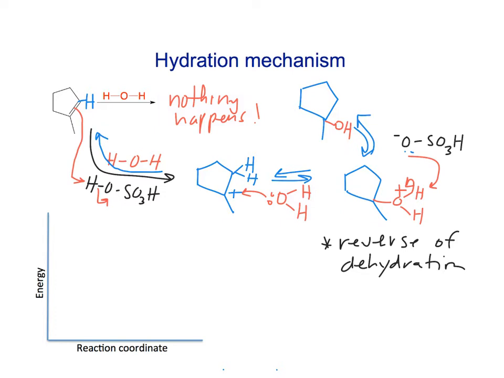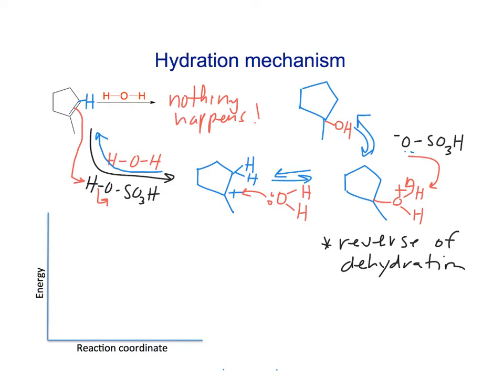In the dehydration, if we start here, the first thing we do is protonate it to form our water molecule, which is a good leaving group. That can come off to form the carbocation, and then we lose a proton from the beta position to go to the alkene. So exactly the same mechanism, but in the reverse direction.